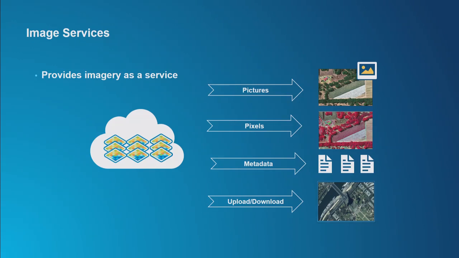And that makes an image service different from a cached map service, for example, or a feature service. A feature service, we're streaming points, lines, and polygons. In a cached map service, we're streaming pictures of the data, pictures maybe of imagery. But in an image service, we're actually streaming the pixels to the client.